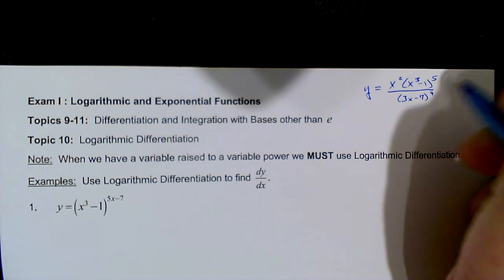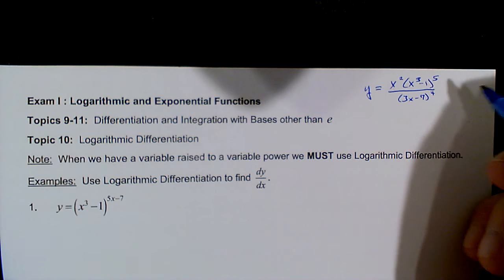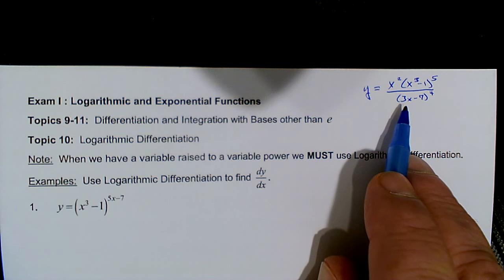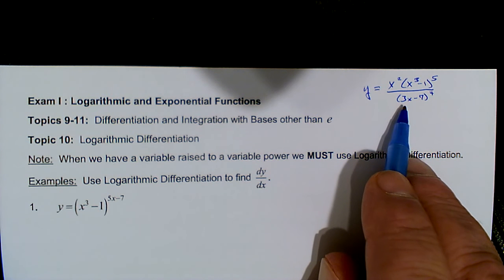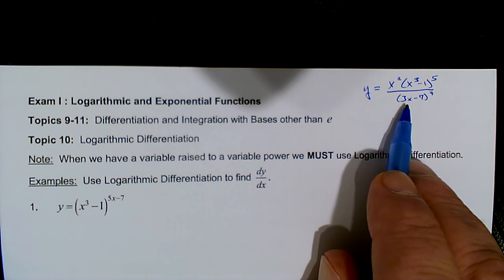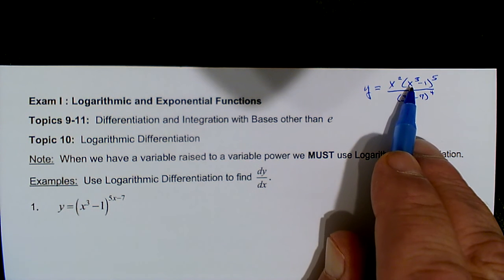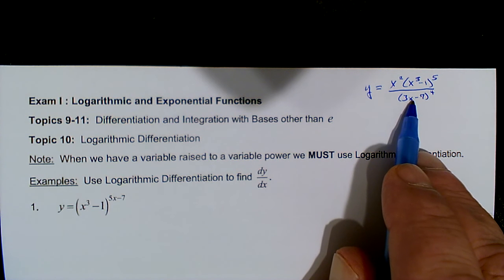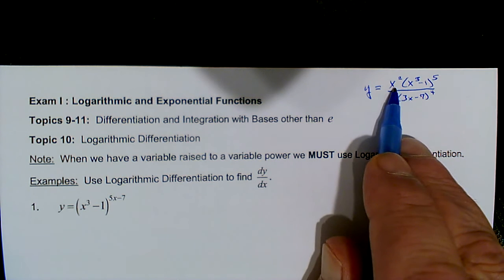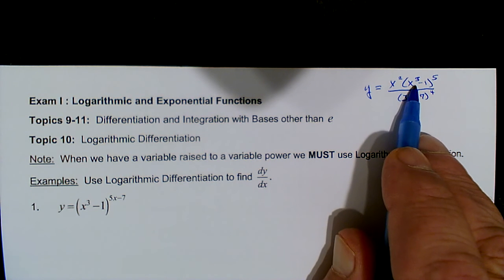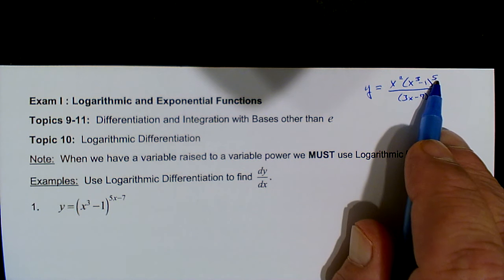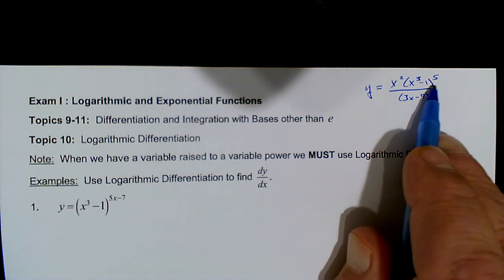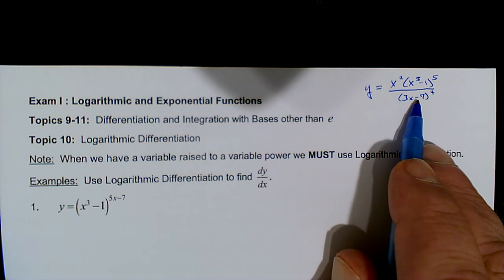I'm not going to solve this problem, but the point is that if you did not have the concept of logarithms, you would have to use calculus 1 rules, and it would be quite cumbersome because you deduce the quotient rule primarily, but then to differentiate the numerator you'd have to have the product rule, and within that the general power rule to differentiate the second factor of the numerator, and then the general power rule to differentiate the denominator.